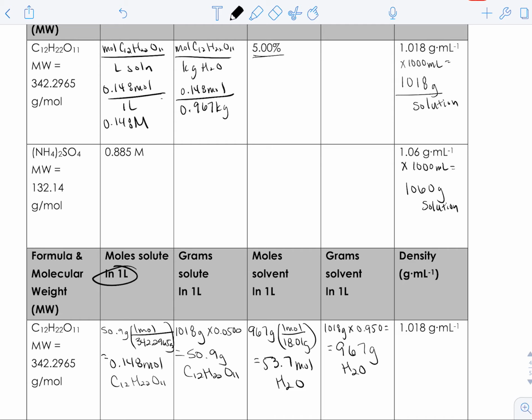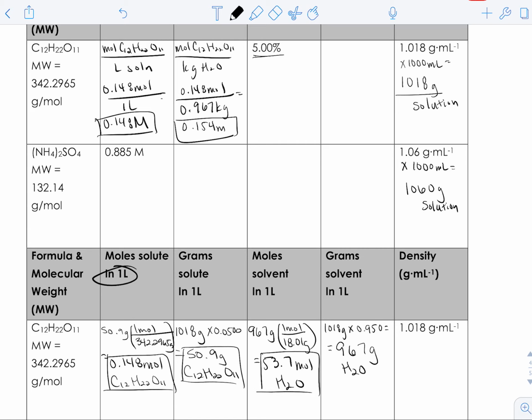And we get a value of 0.154 molal. Make sure all of these are boxed off. Your answer should always be boxed off, so I can very easily find them.